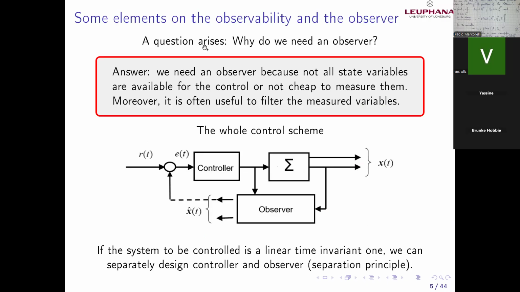If you look at the scheme here, we can see that very often for the controller we need something which is not possible to measure, or I need all states for the controller, and not all states I measure, because it's too expensive, because it's not accessible. The controller very often needs a variable which is not possible to measure, or is not represented in the scheme, but the controller needs to have information about all states.